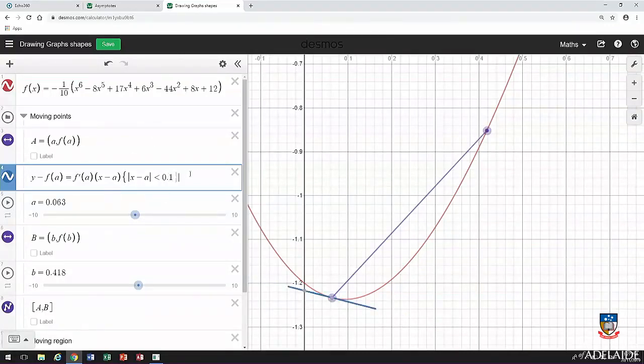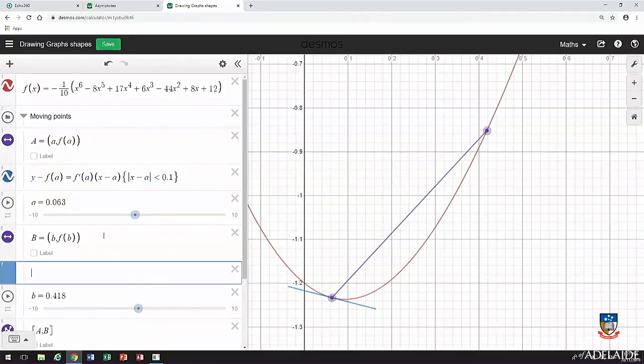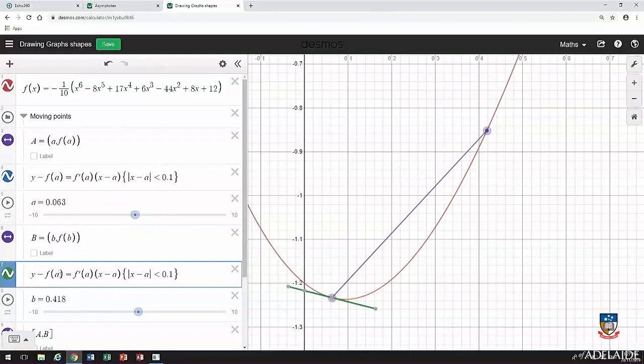All right, and then I'll just do the same thing down here, but for the other point. Just make them both blue. So down here, this slope is definitely less than that slope because it's negative and that one's positive.